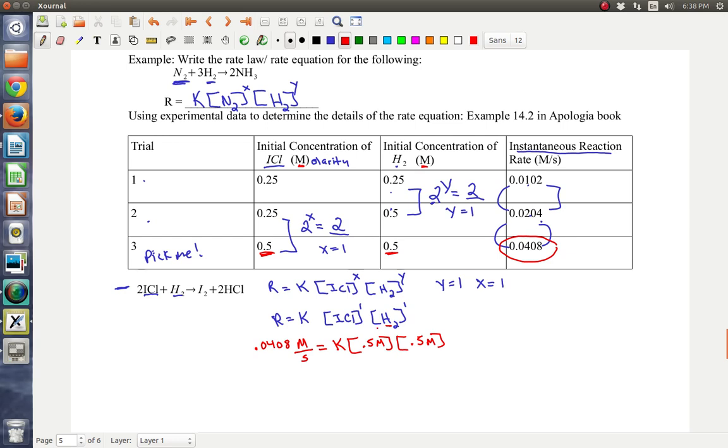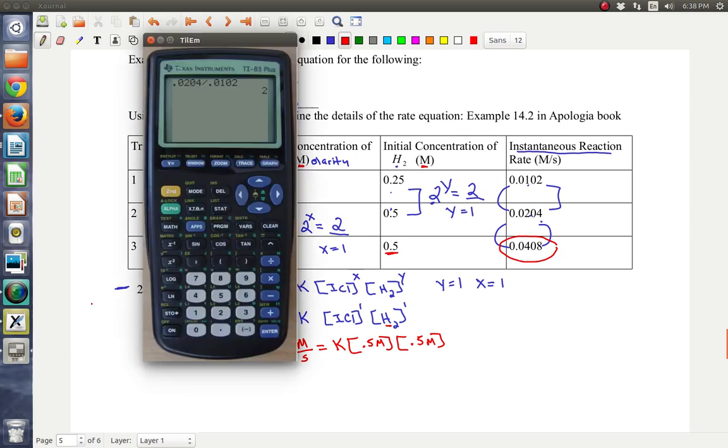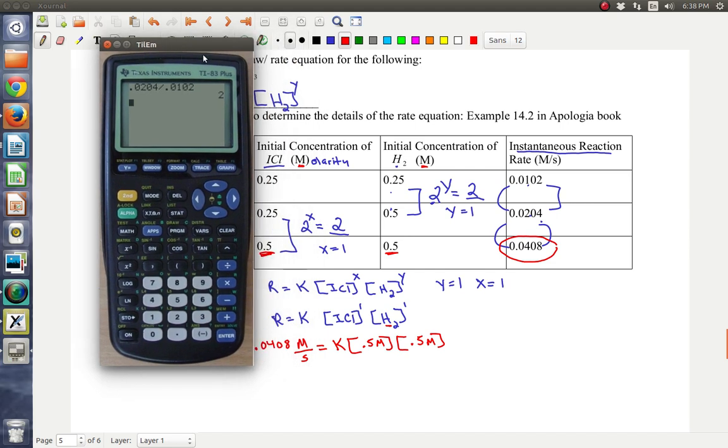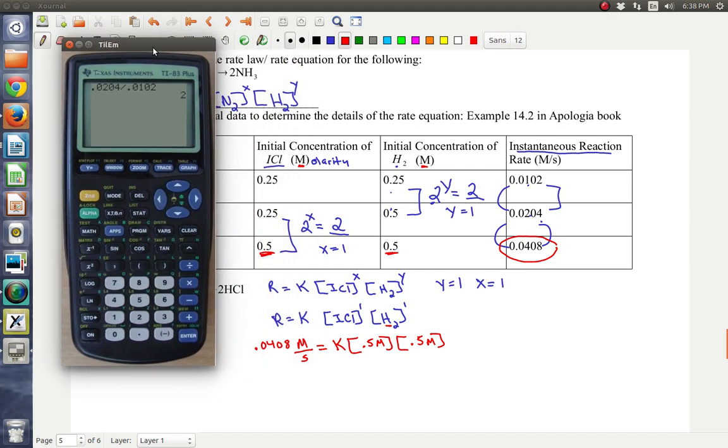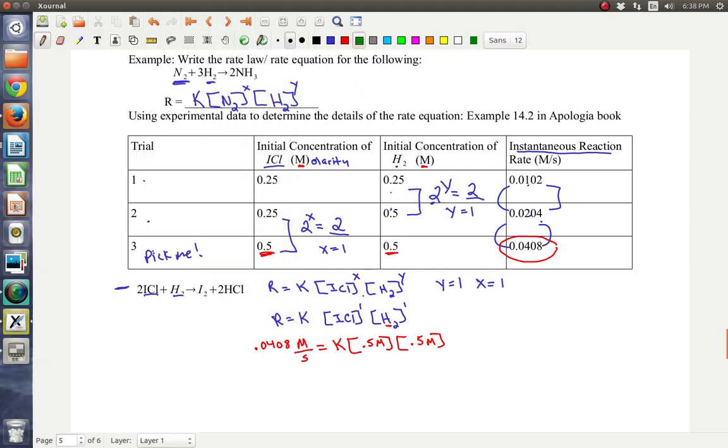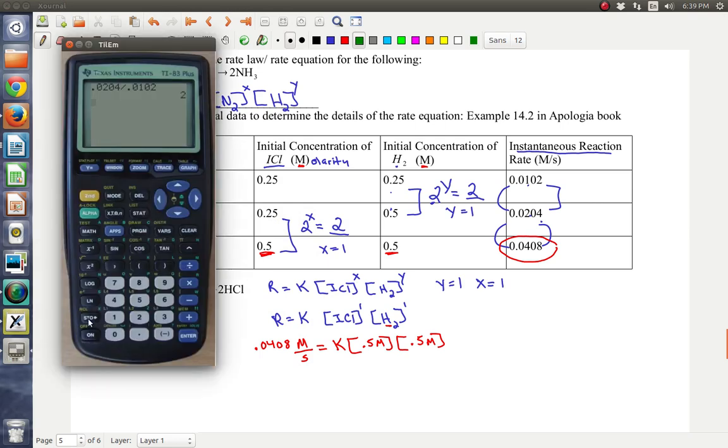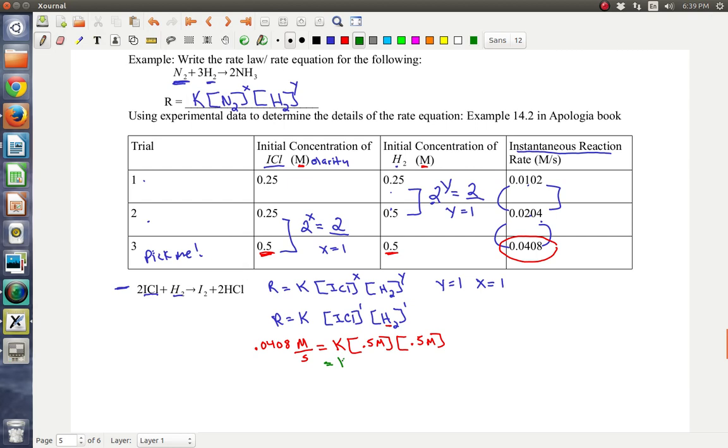All right, so let's multiply them, pull the calculator up, do our job. We're going to multiply 0.5 times 0.5. So 0.5 times 0.5 is 0.25. Okay, that's something I can put in here. So K times 0.25.